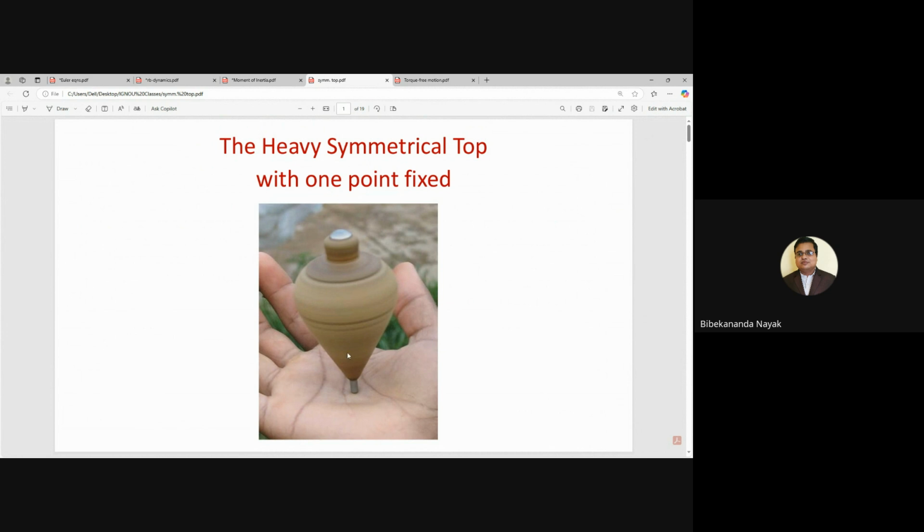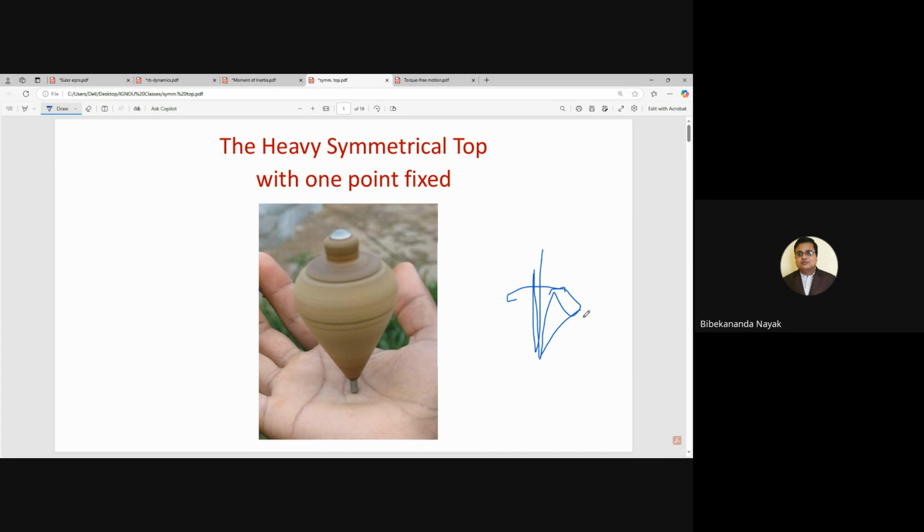If you look at the motion of this top, how it rotates, it moves with a tilted motion about this axis.